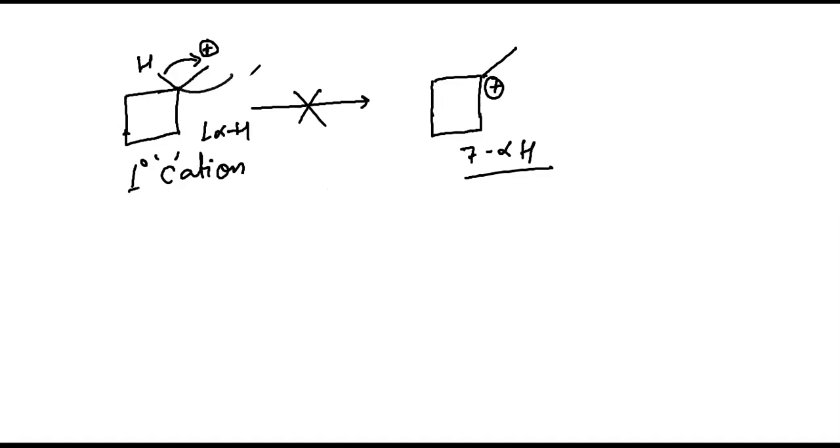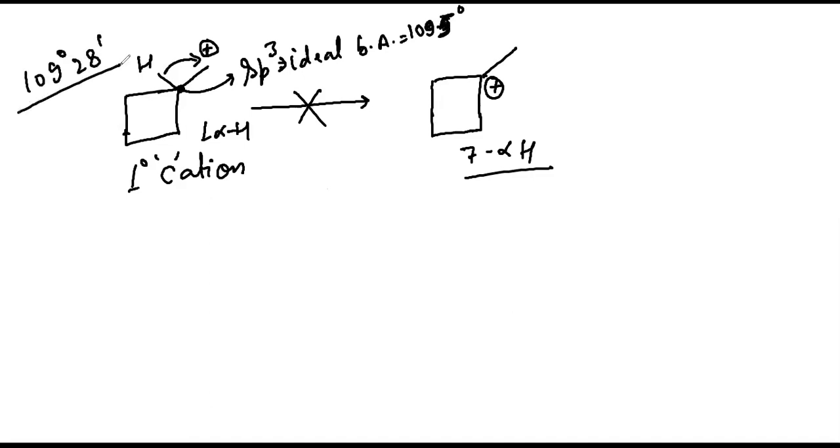I hope you recognize that this carbon has sp3 hybridization. Means the ideal bond angle is what? 109.5 degrees. When you say 28, you should say 109 degrees 28 minutes. So the ideal bond angle should be 109.5 degrees.